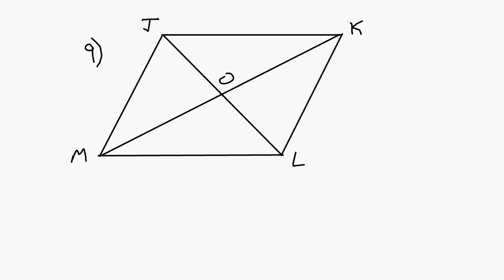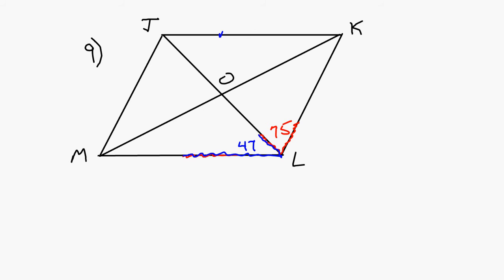K, L, O is 75 degrees, this angle right here. M, L, O is 47, so this angle. Let's do that one in blue. This angle right here. That's 47. Find the measure of KJM.